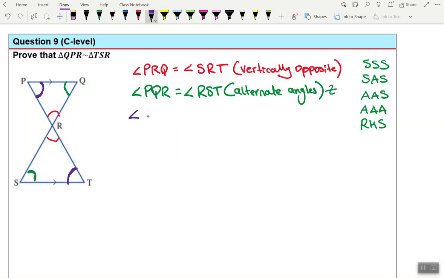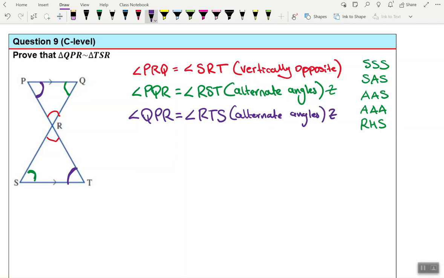We will say angle QPR is equal to angle RTS, and then we'll say alternate angles. Call it the Z rule.